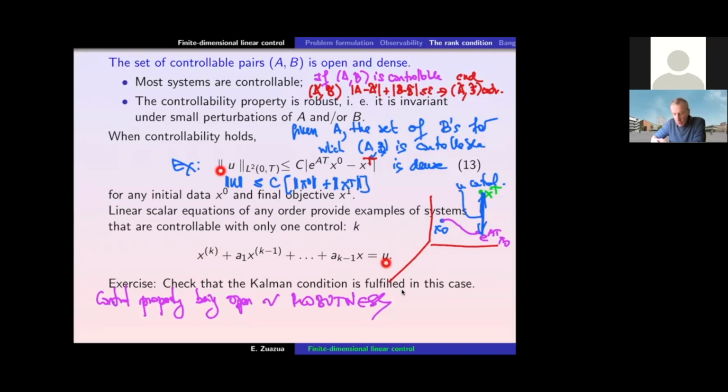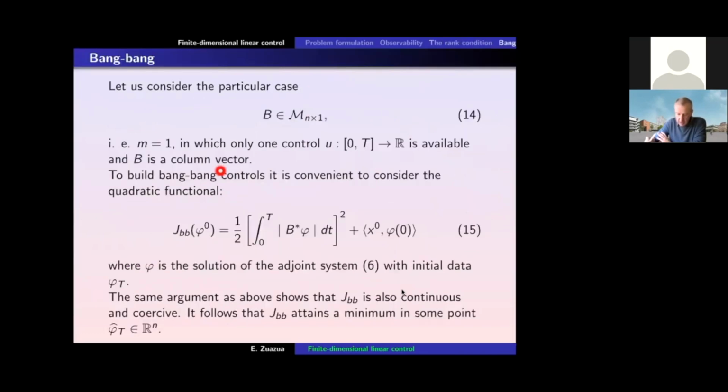So now, when you are in the general context of general systems where you have U, which is just U1 to UM, and the state X, which is X1 to Xn, so possibly many more components on the state than on the control, why do you think that this is feasible?